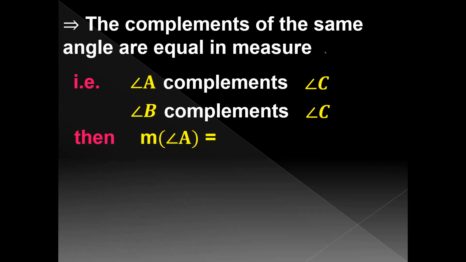If angle C is 40 degrees and angles A and C are complementary, A will be 50 degrees to complete 90.